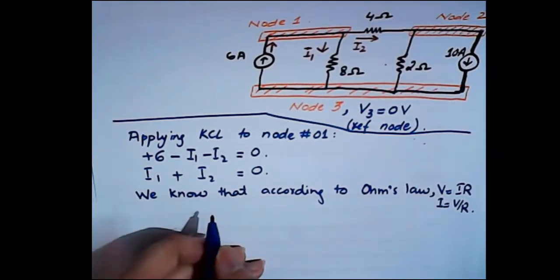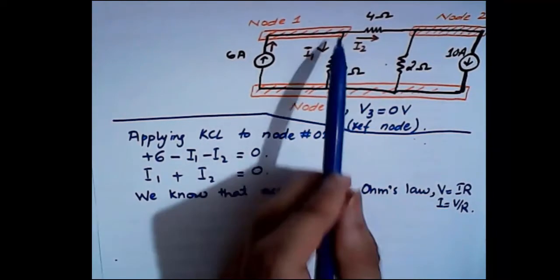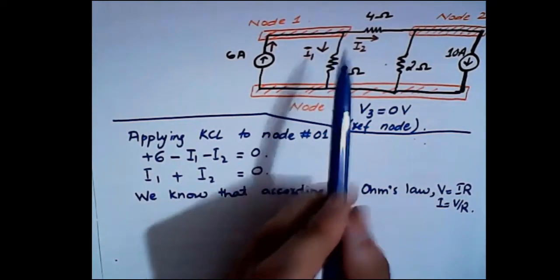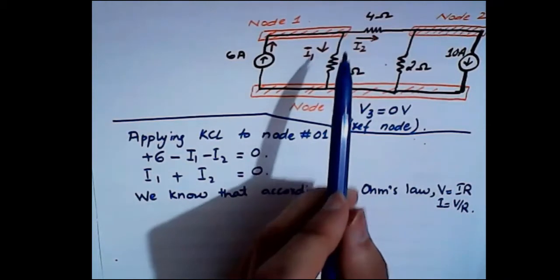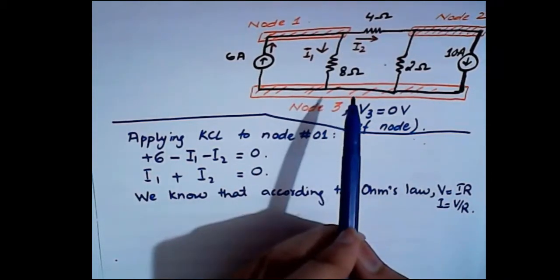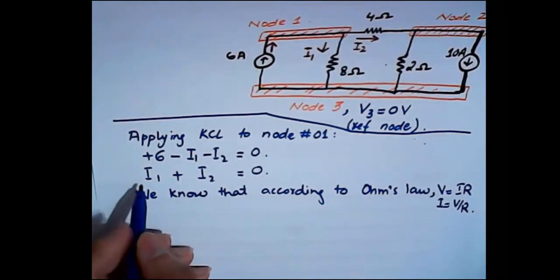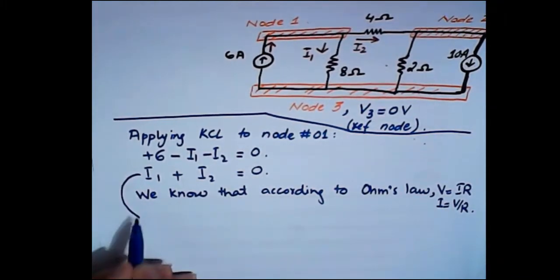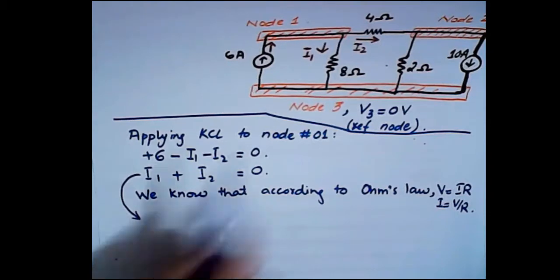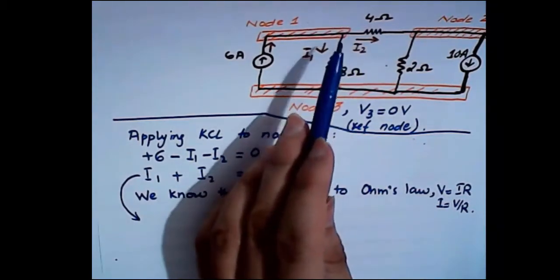I is equal to the difference in voltage, because whenever current flows between 2 points, there must be a difference of voltage. If 2 points are at the same voltage, there will be no current between them.